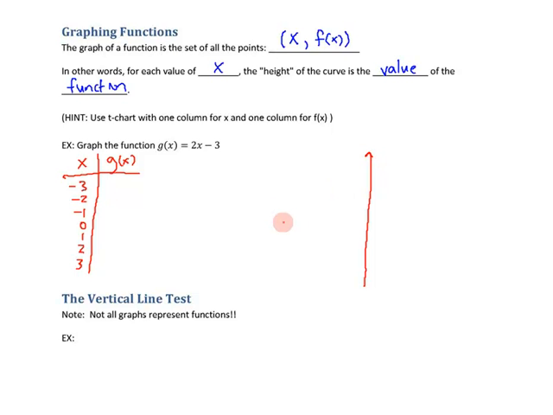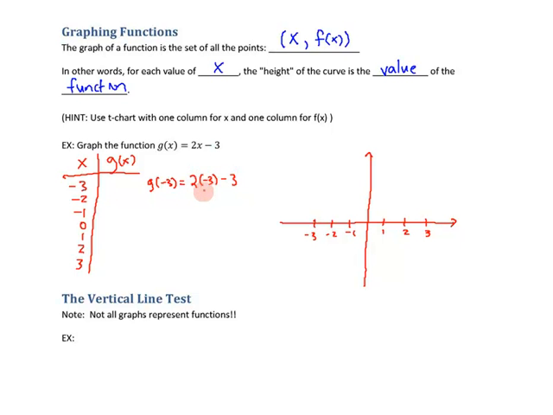So if my coordinate system looks like this, what I'm really doing is I'm looking at, for these values of x here, -1, -2, -3, and then 1, 2, and 3, I'm asking from this table, what are the heights of the curves for each of these values of x? So if I plug in -3, what do I get when I find g of -3? I will get that by plugging -3 in for x, just as we were doing when we introduced function notation.